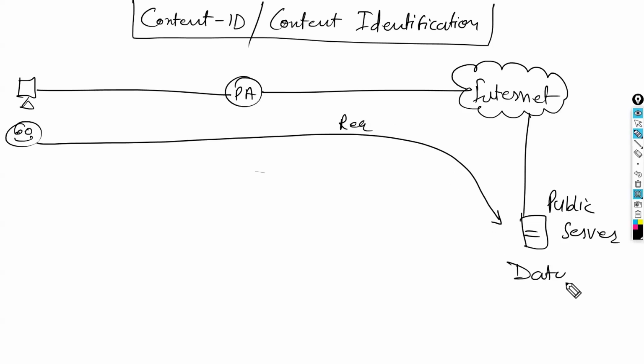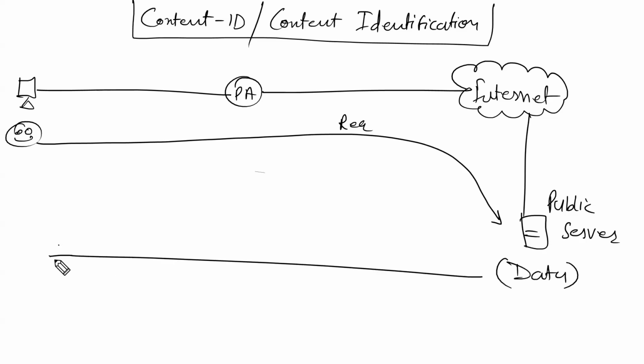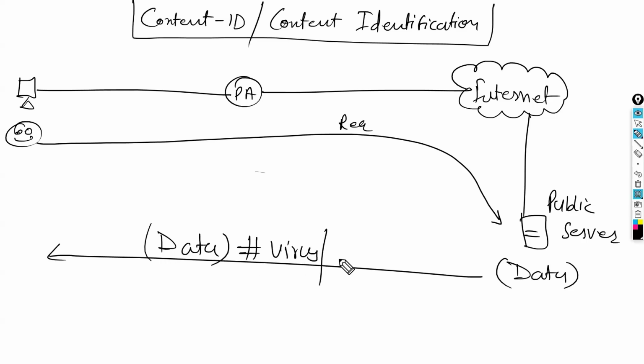Now some data or file is available on the server. The server will give a reply, and in the reply the server is sending a file or data. It may be possible that the data has a virus, spyware, or any other harmful file.